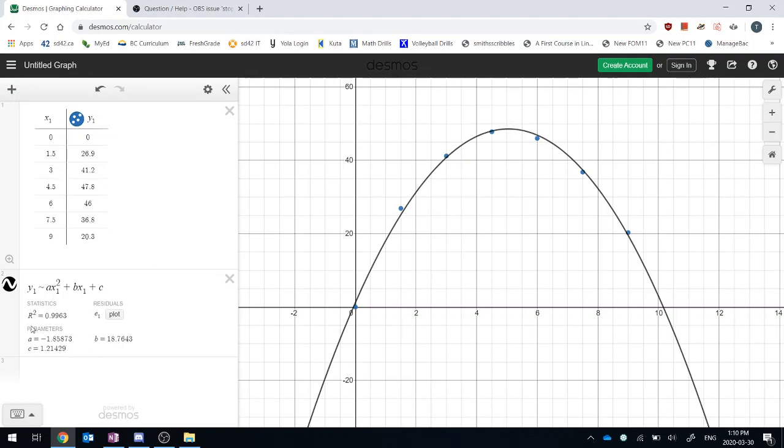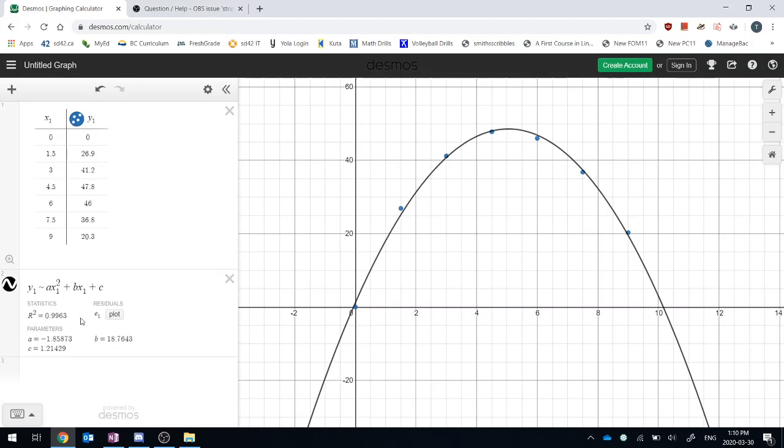The most important are these parameters, a, b, and c. Those correspond to our a value, our b value, and our c value that we specified in our initial function. The second most important thing is our r squared value. If you remember, we talked a little bit about this when we were still in class.